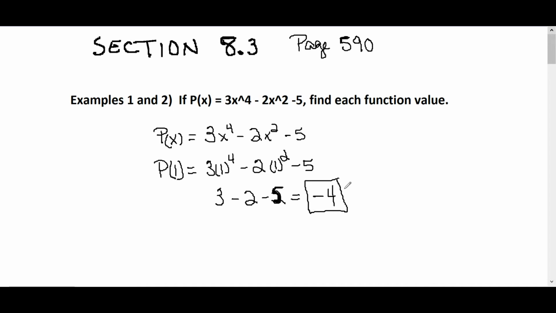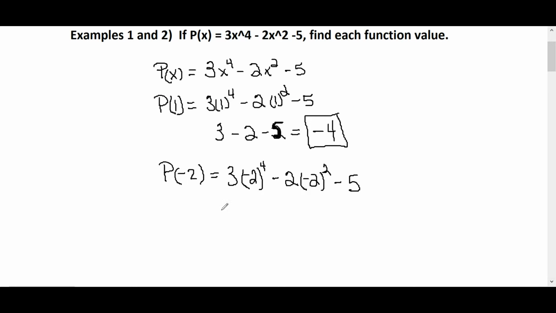The second number that they're using is p of negative 2, p of negative 2 equals, and it'll be the same thing. So it's going to be 3 times negative 2, and I definitely want that in parentheses, raised to the 4th power, minus 2 times negative 2, raised to the 2nd power, minus 5.